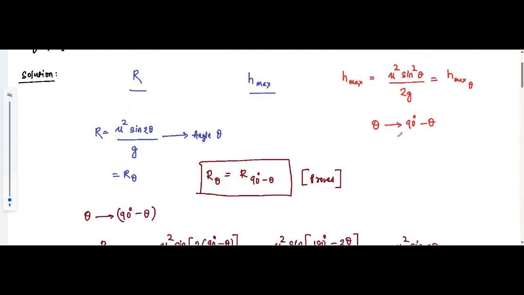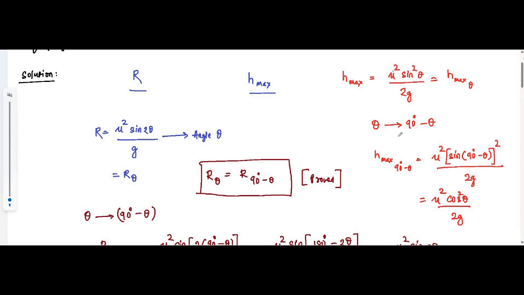In that case, the maximum height h max 90 degree minus theta will be equal to u square sine square of 90 degree minus theta by 2g. Now we all know sine 90 degree minus theta is equal to cos theta. So it will be equal to u square cos square theta by 2g.